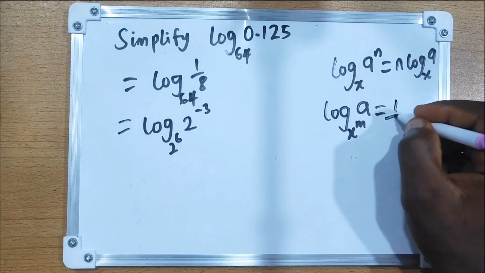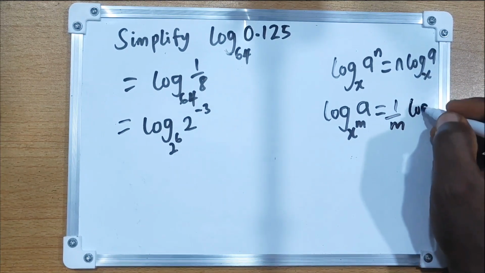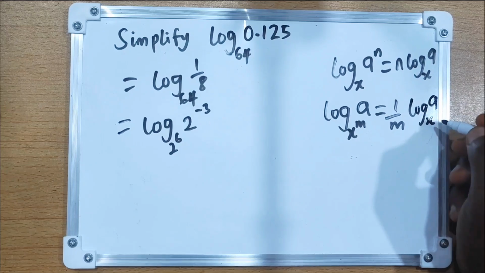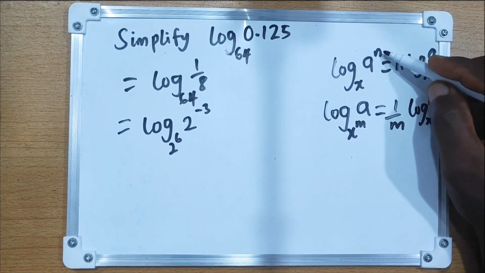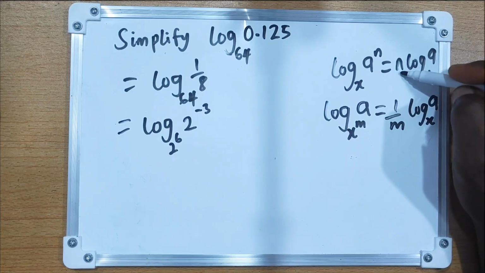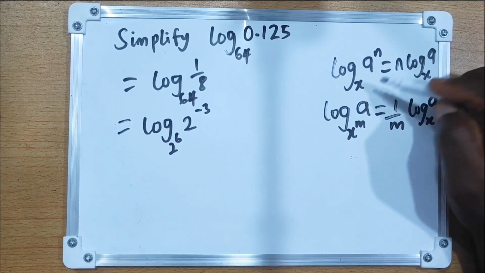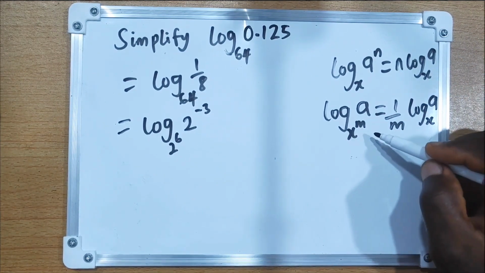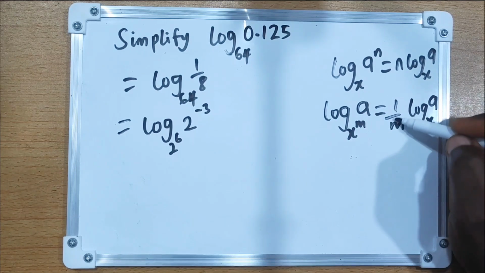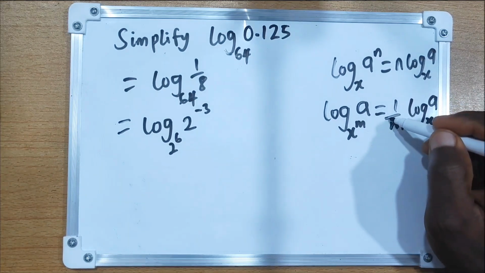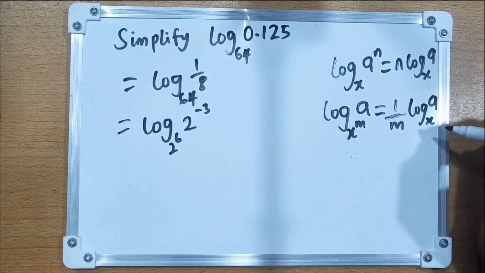So it will be 1 over m log a to base x. So note the difference. When the power is in the number, it just comes behind the log ordinarily. But when the power is in the base, you have to introduce an inverse notation here. So it's going to be 1 over m.